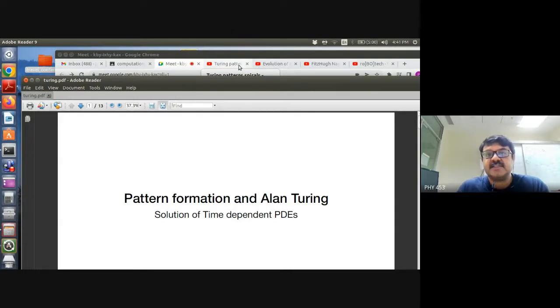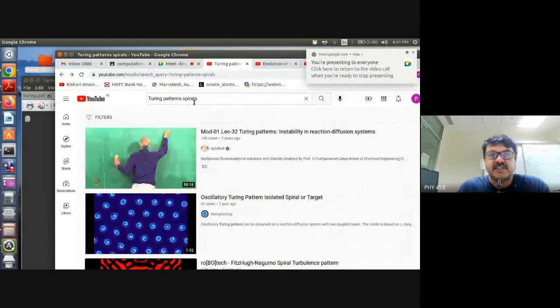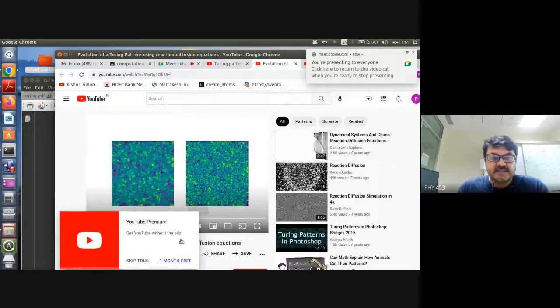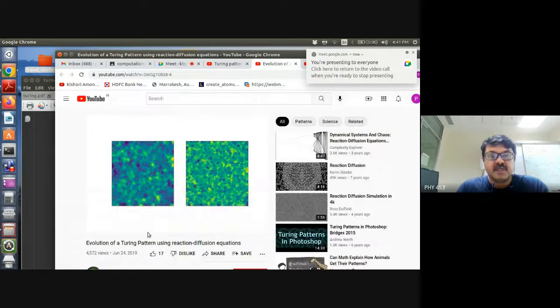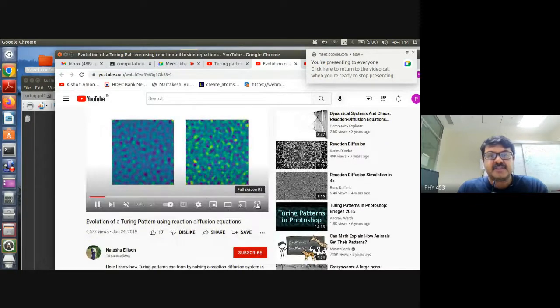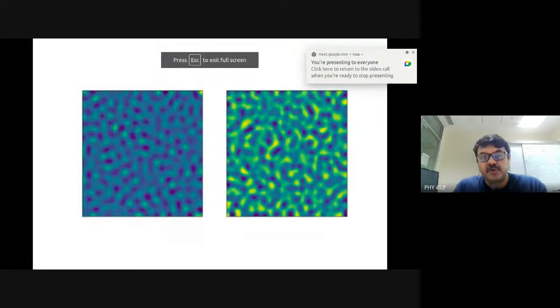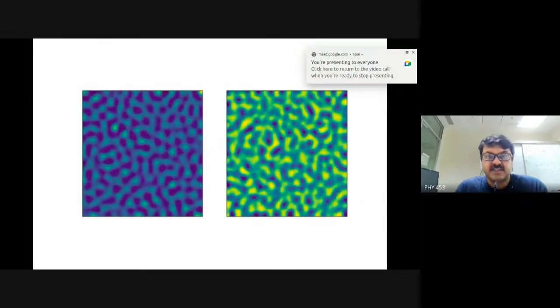And this gives rise to Turing patterns. So here all that I have done is search for Turing patterns, and then you basically get to see various kinds of patterns emerging, even if the concentration of these two chemicals was uniform initially in space and time.